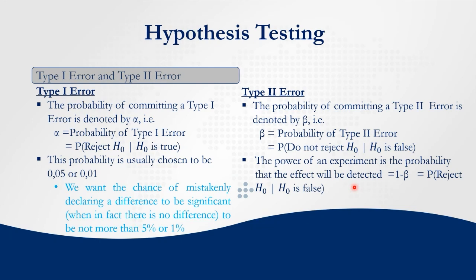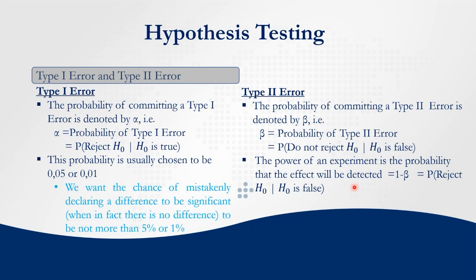So look at it in that way: we have the evidence, which is the sample data, but we also have the truth as to whether this treatment is effective or not. So we can reject the null hypothesis, meaning we are saying the old and the new treatments are not the same, when in actual fact they are the same.